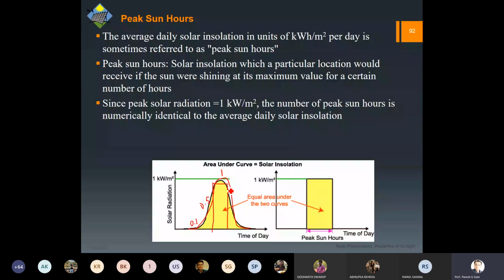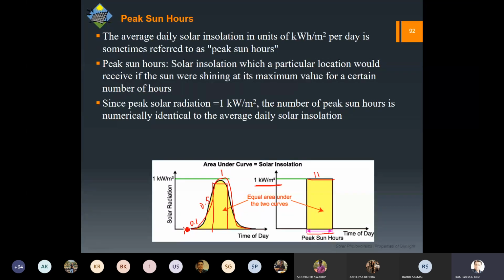So instead of having such a Gaussian kind of distribution, what we can do is flatten the profile. I think you know the concept of flattening the profile from power systems. We flatten the load profile so that the generation would be constant. So instead of having this, I get 1 kilowatt per meter square for these many hours.